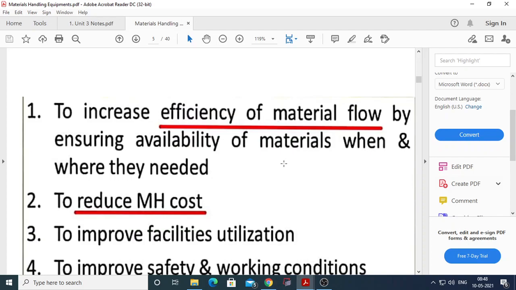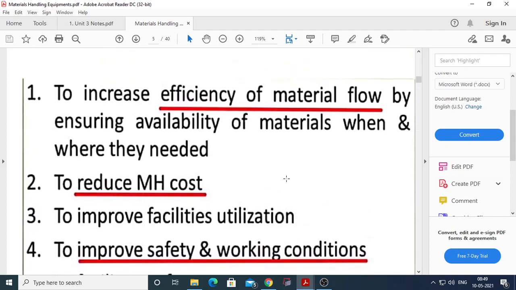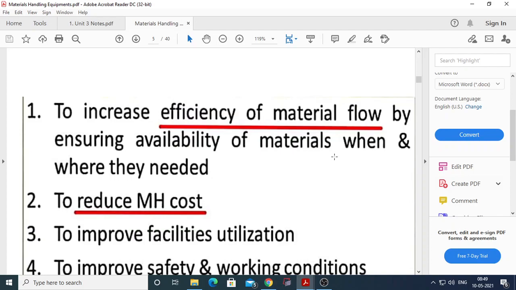You are given a schedule, and in this time you have to complete that process. You have to move the load to its destination in scheduled time. Then again, transporting the load in the required quantity, whatever quantity you have been given. You have to deliver that quantity of load to the department, or the place, in the required quantity.